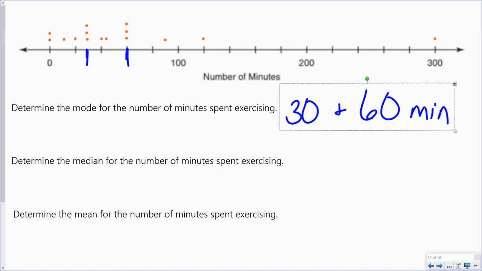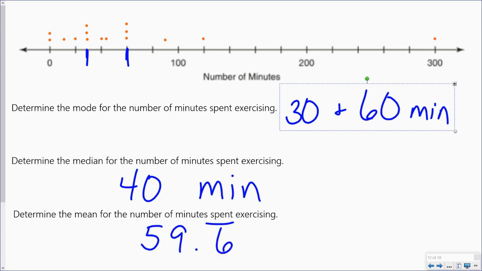Determine the median for the number of minutes exercising. Well, when I figure that out, I come up with 40 minutes. Determine the mean for the number of minutes exercising, and I came up with 59 and 6 repeating minutes.